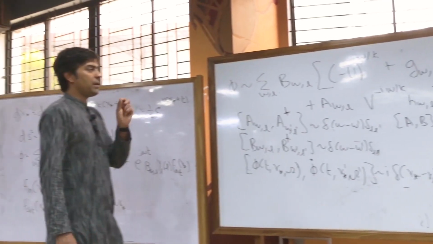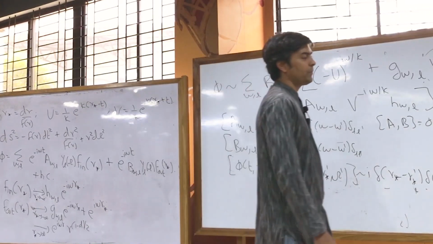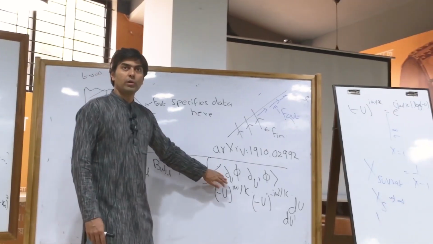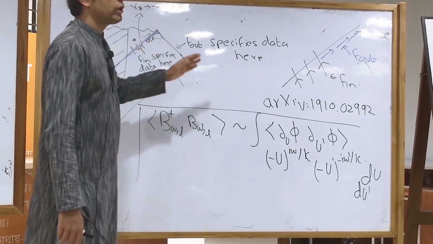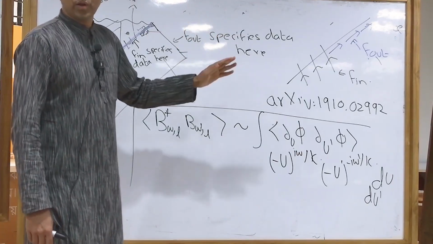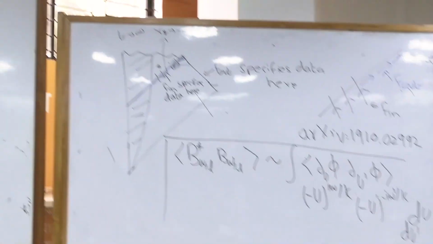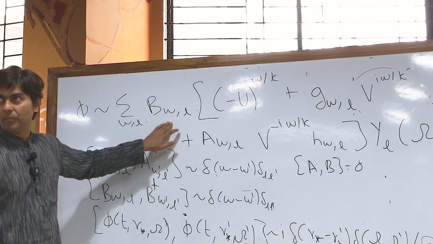However, there's a very important, physically important fact which you should realize. If I wanted to write down a formula of this kind, I would usually have to do an integral over all u. However, the expansion I've written down is valid only near u equal to 0, because it's a near horizon expansion.